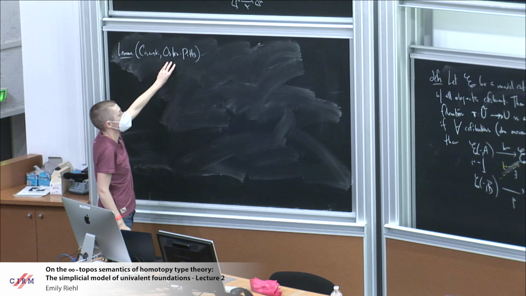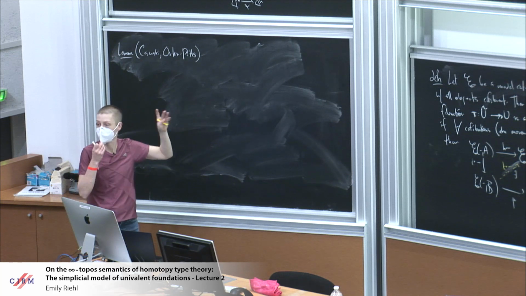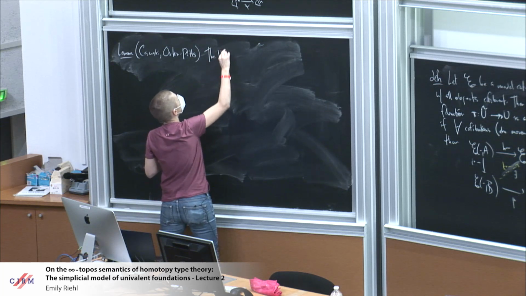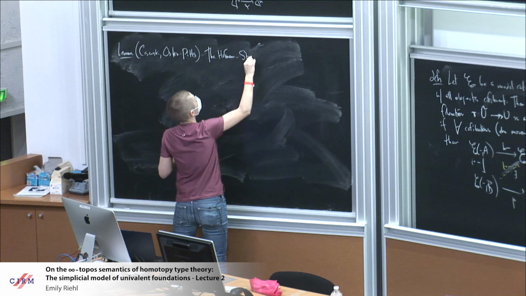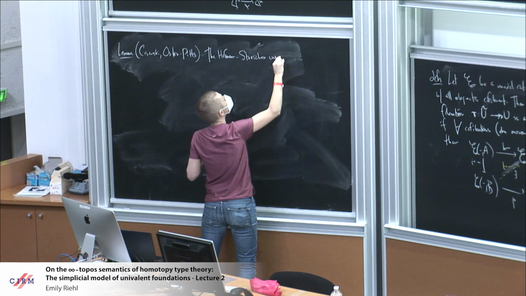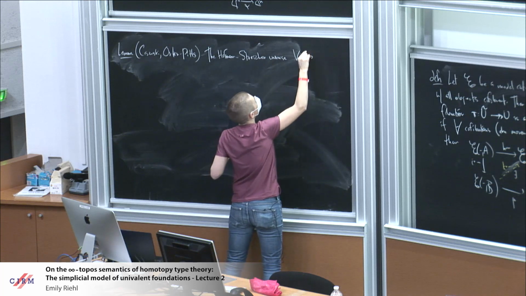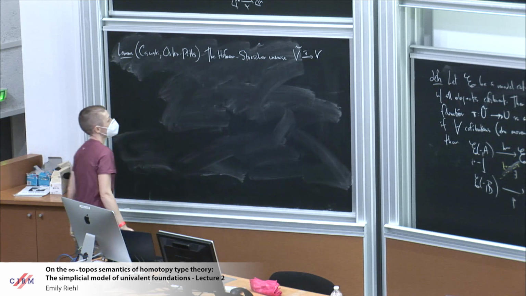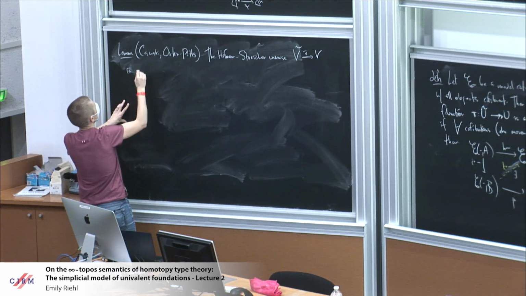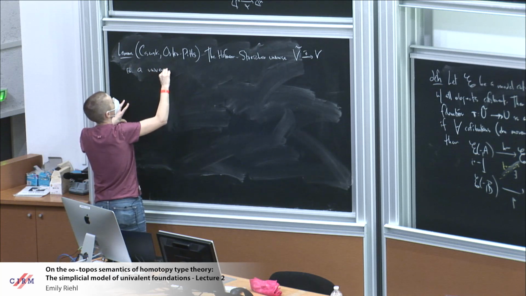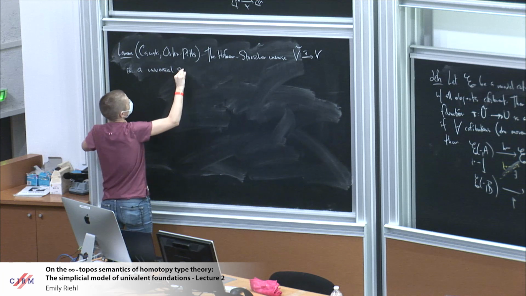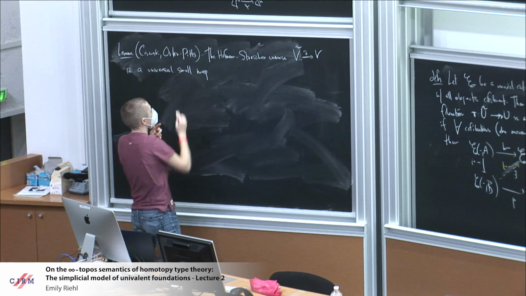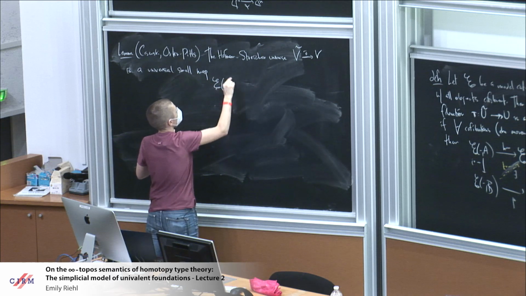This pays attention to the constructive reasoning, the classical reasoning that's required in the proof here. In any case, the statement is that the Hoffman-Streicher universe, that's this pi from V tilde to V, where pi is just the evident forgetful map, forgetting the point in a pointed set, is a universal small map. I'm not going to say small fibration because it's not a fibration. We haven't talked about fibrations, but it's a universal small map. And what I mean by that is I can think about the functor represented by the base.